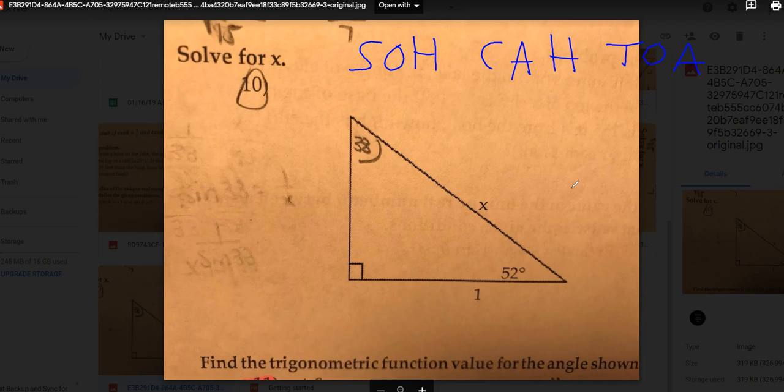It just depends on which way I go. Okay, so pick an angle. What do you want? Let's just do 52. Okay, so this would be the adjacent side to 52, and this would be the hypotenuse. So that looks like a job for cosine.